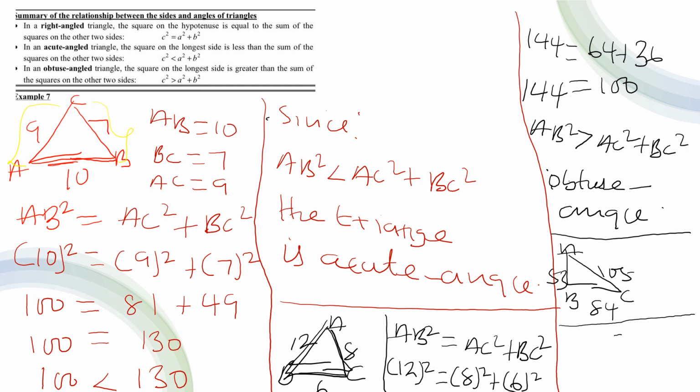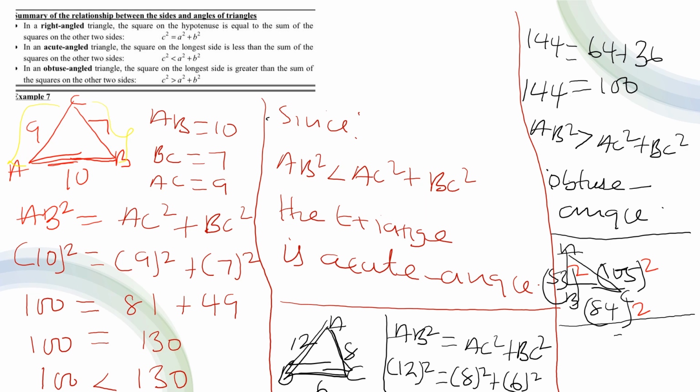105 squared here. So remember, we have to square each side. I'm using red. Squared here, squared here, squared here.